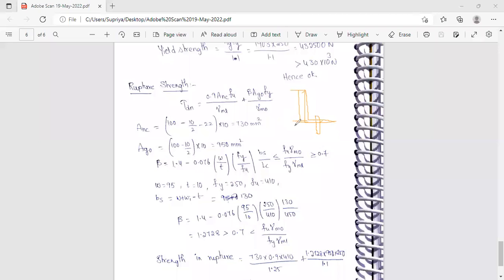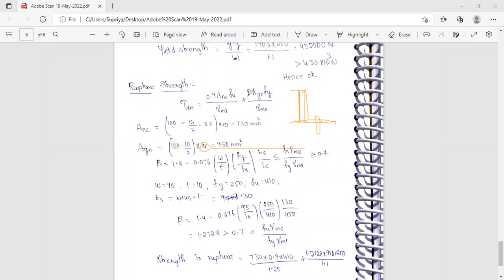The total width is 100 minus up to center of the connected leg. So thickness of the connected leg is 10 mm. So total length of the outstanding leg will be 100 minus 10 by 2 multiplied by thickness of the outstanding leg, which is 10. That is equal to 950 mm square.